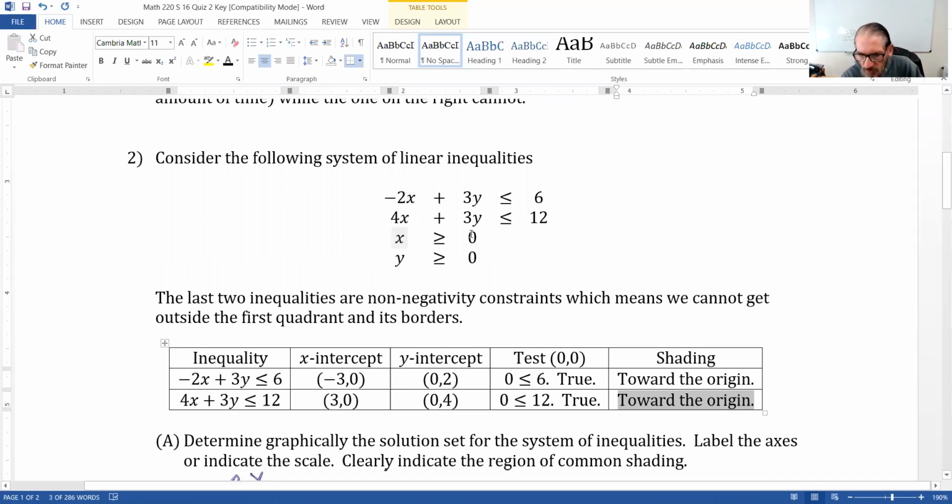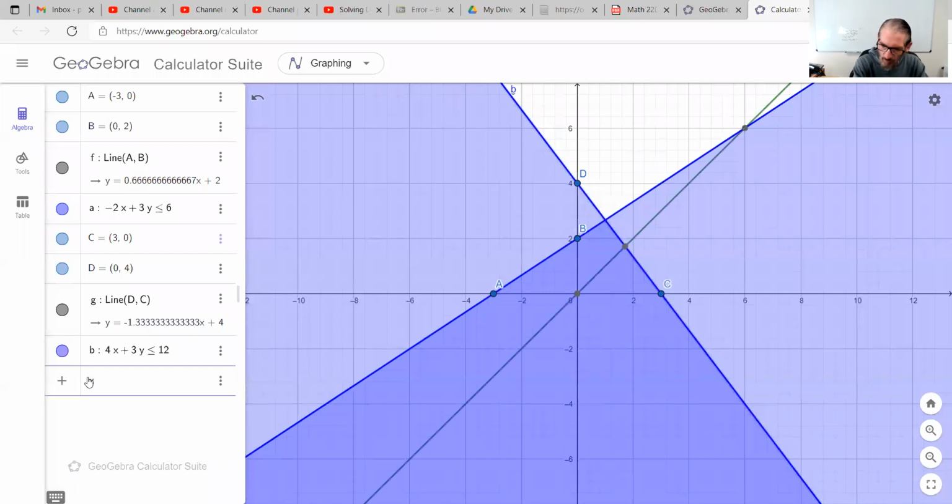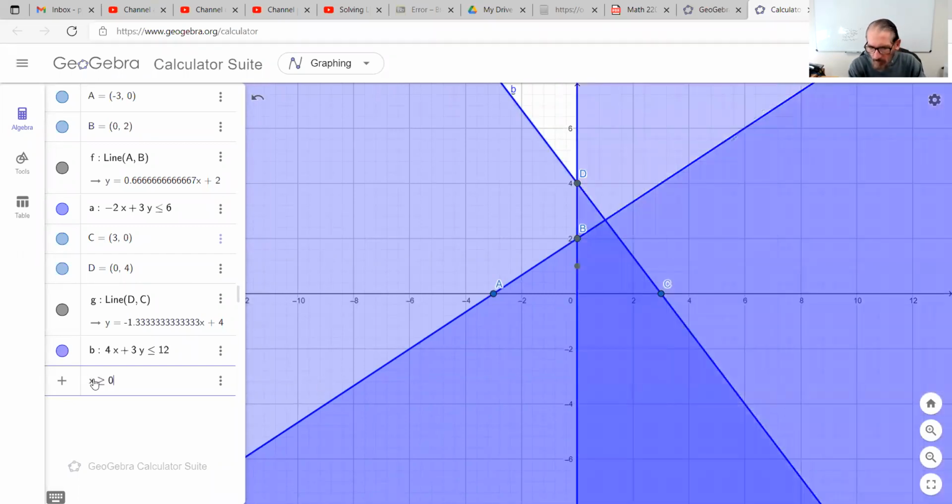And that's easier to tell which direction to shade that. That's going to go to the right. y greater than or equal to 0, that would be a horizontal line. It would be the x-axis, also solid because of the or equal to. And because of the greater than part, our shading would be above it.